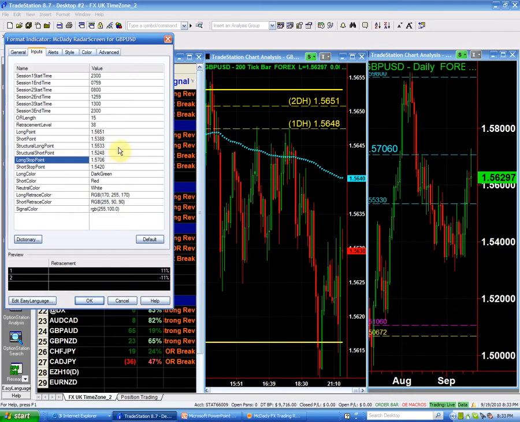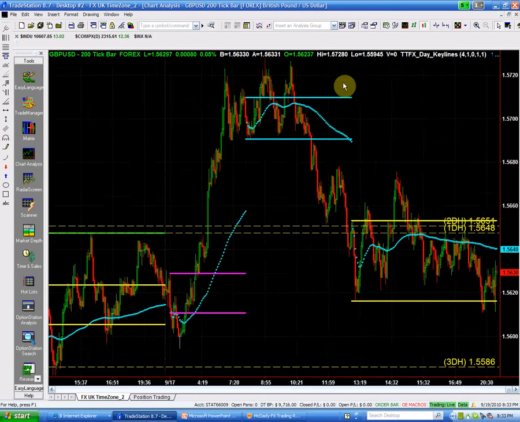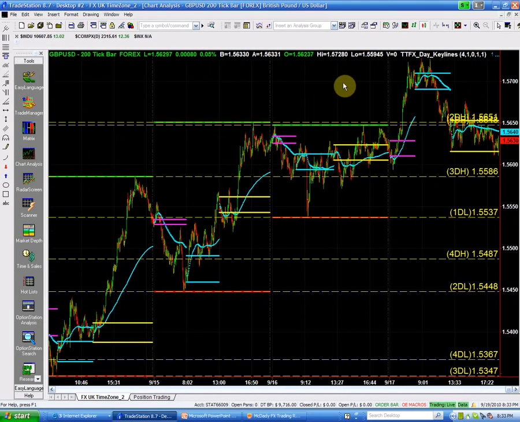and I will go short. Let's see where we're going to go short here. I'll go short below 155.37. This is the only short area that is clear, the 155.37.